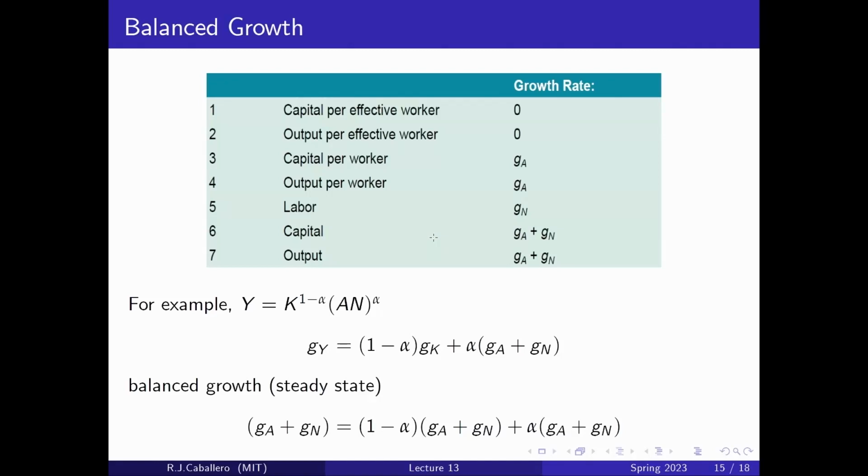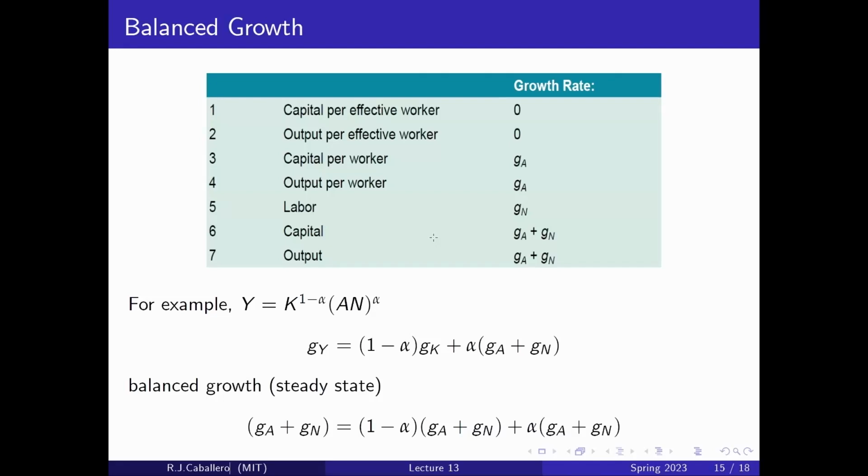Capital per worker has to grow at the rate gA, because capital per effective worker is not growing, so capital per worker will be growing at the rate gA. The same applies for output per worker. Output per effective worker is not growing, that's balanced growth, but therefore output per worker will be growing at the rate gA.